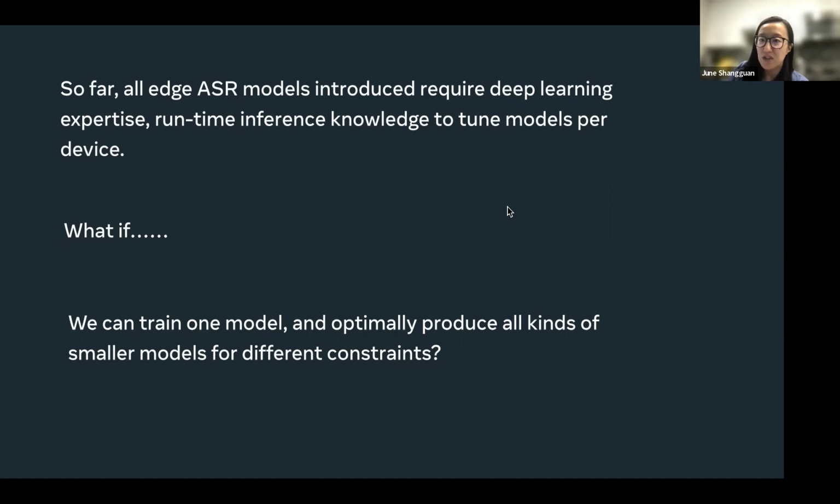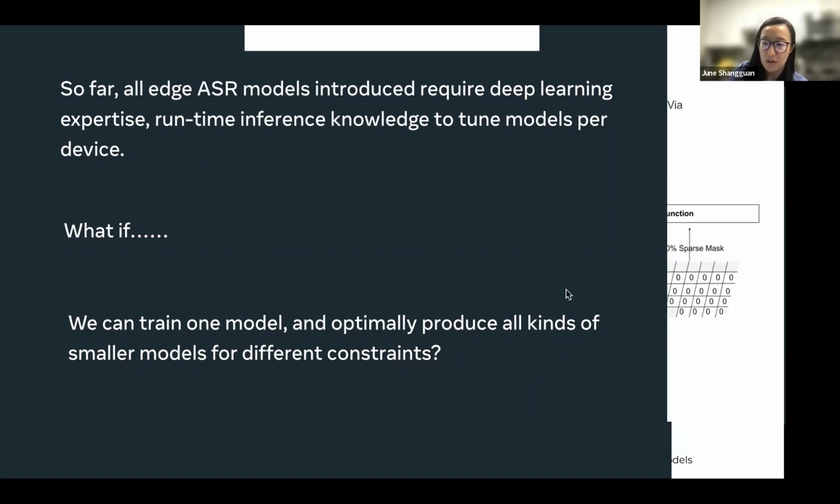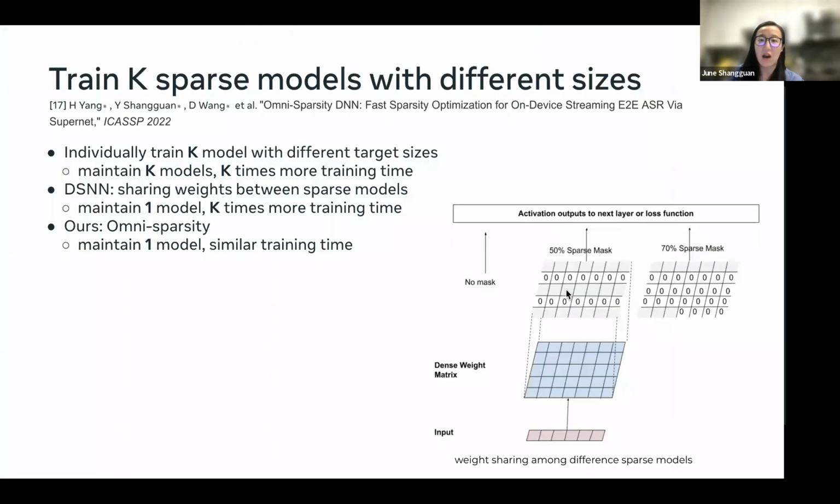This is a very challenging, imaginative question. And so for our case here, we are looking at this problem through sparsity, because sparsity naturally has this setup where the underlying weights of different sparse models can actually be shared.